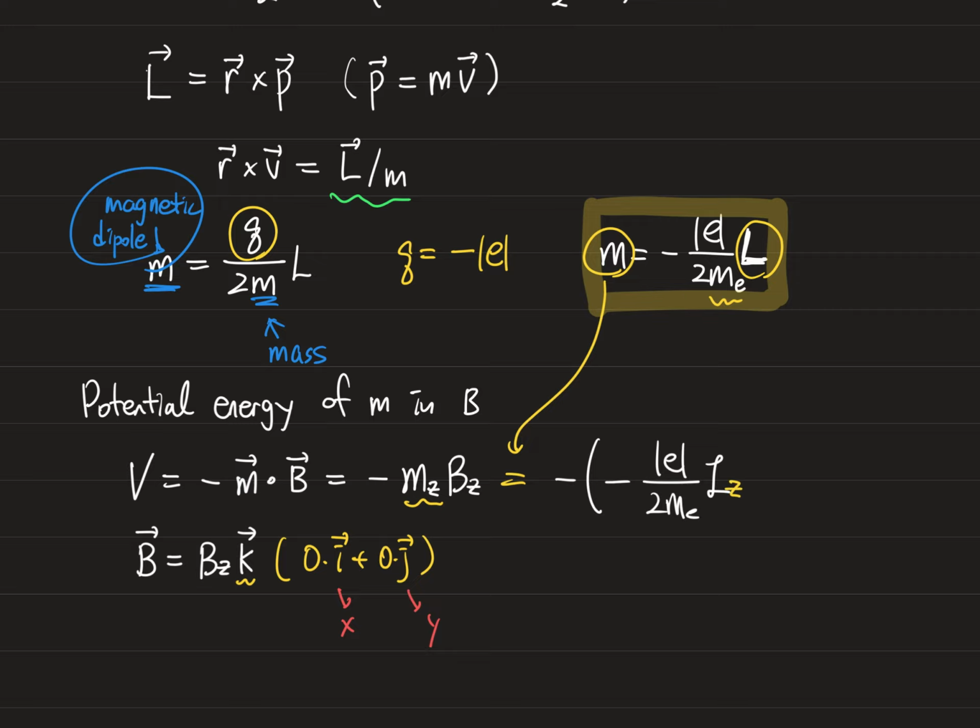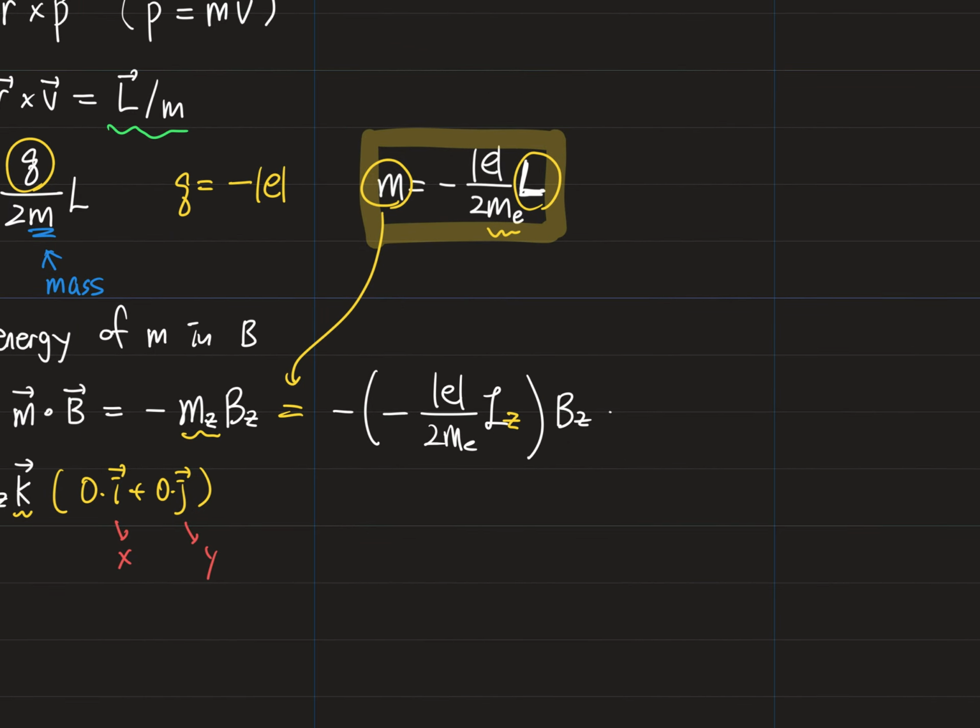So Lz here, Bz. So the potential energy stemming from the interaction between the magnetic dipole and external magnetic field is given as the absolute unit charge, magnetic field, z component of the angular momentum, divided by 2me.